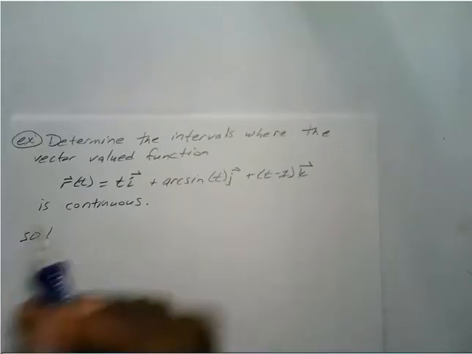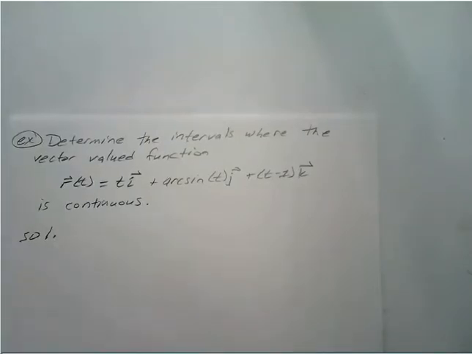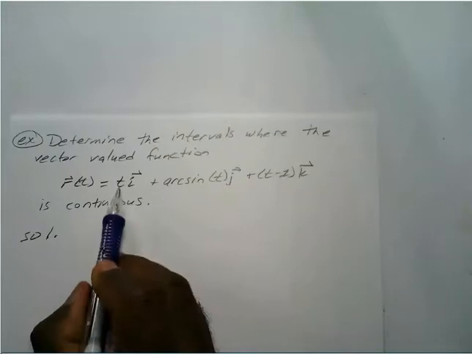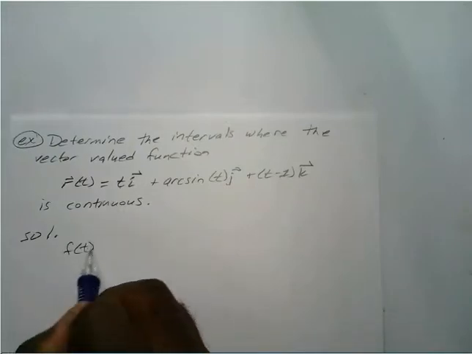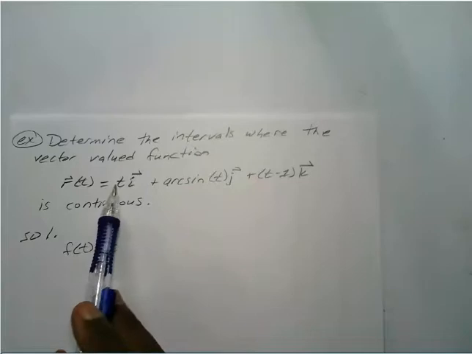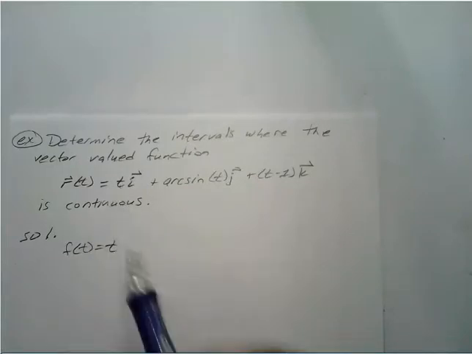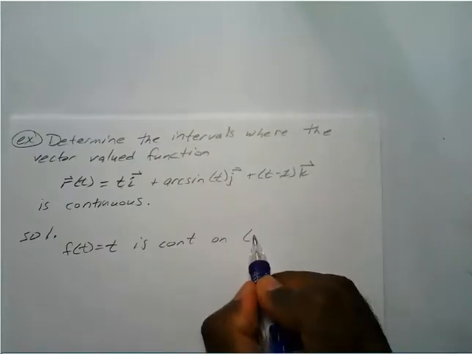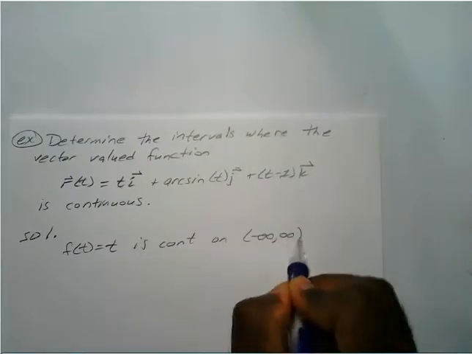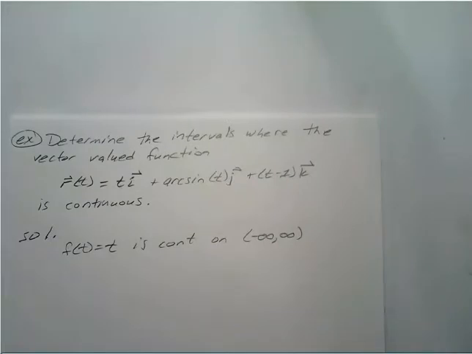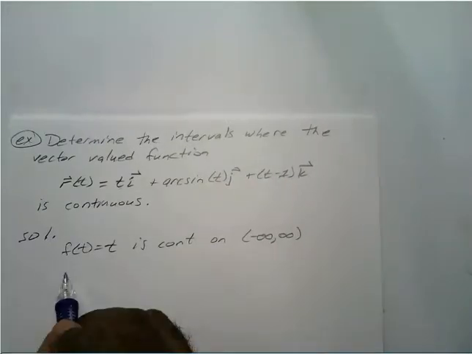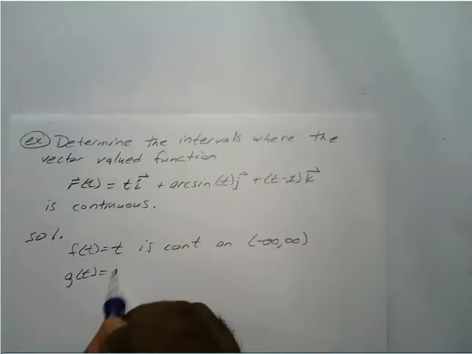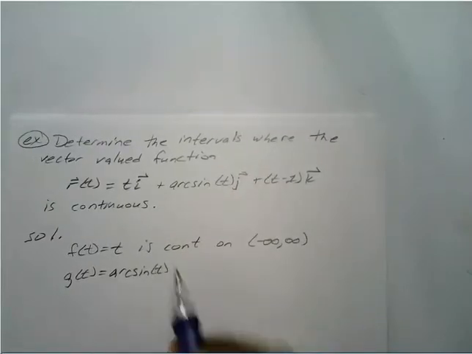All right, so just like before, we look at each function of t, and we see where they're continuous. So for your f of t equal to t, we see that's continuous everywhere, so that's continuous on the interval negative infinity to infinity. Okay, so what about g of t equals arcsine t?